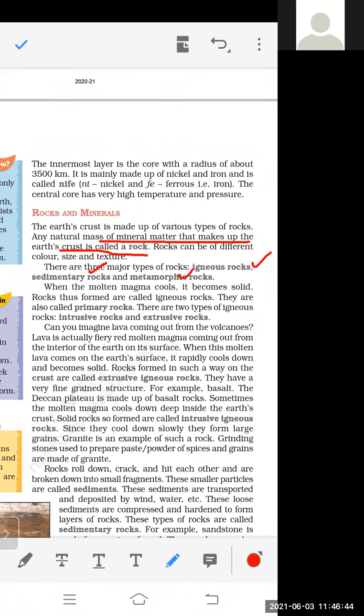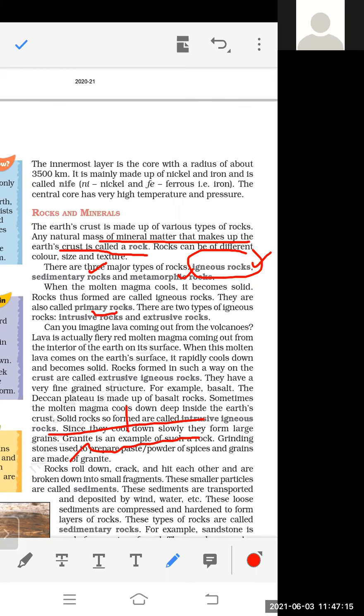The first form of rock is igneous rock, because they are the rocks which are made at the initial stage, and that's why they are called primary rocks, because they are formed firstly. How are they made? Now, as I told you, there is a mantle portion where the magma lies.